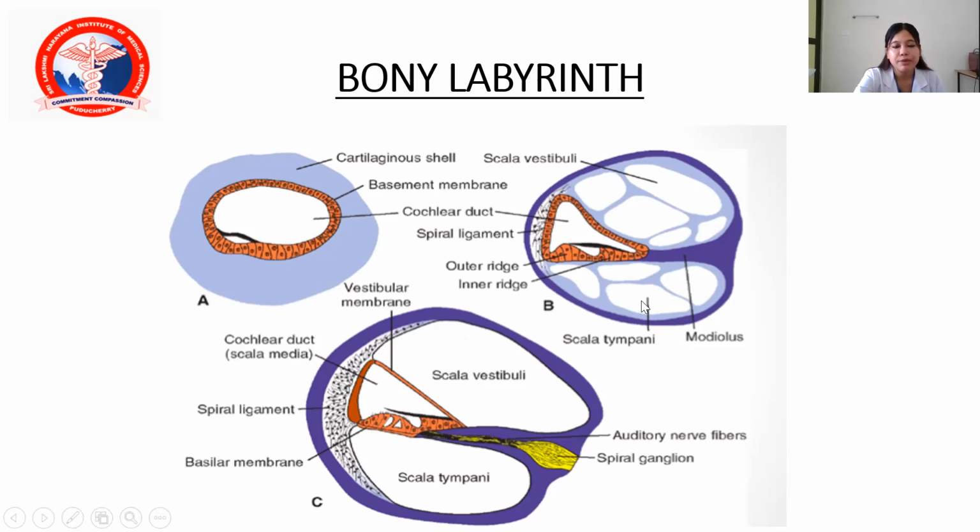The scala tympani, which is filled with perilymph, and the scala media, which is filled with endolymph, are separated from each other by the basilar membrane.